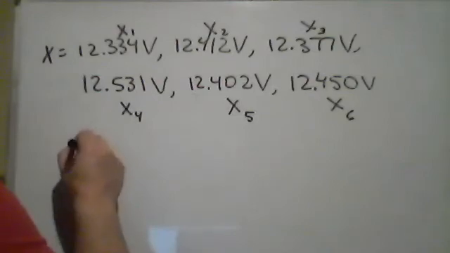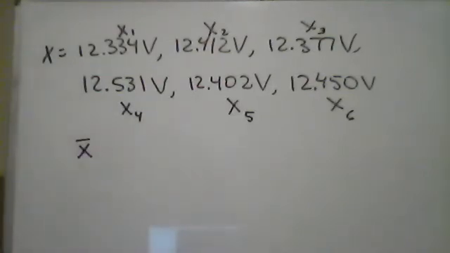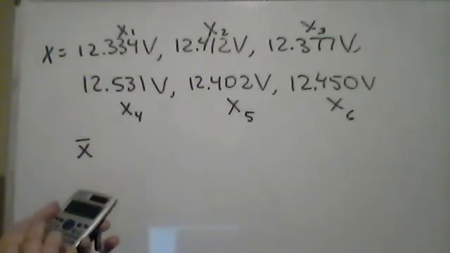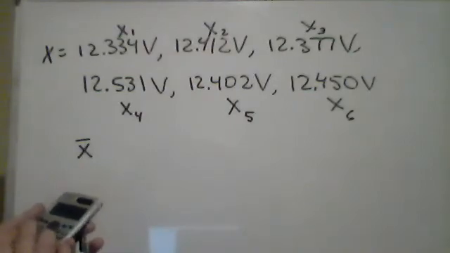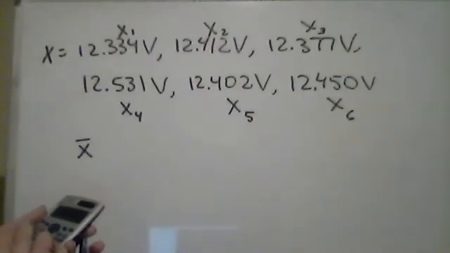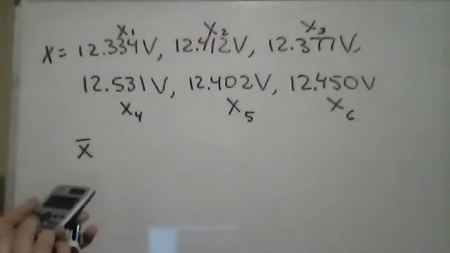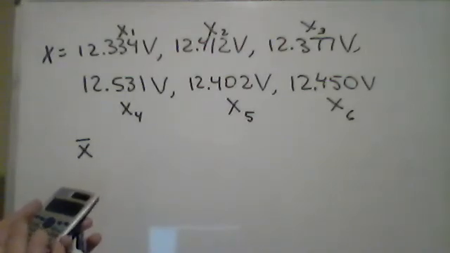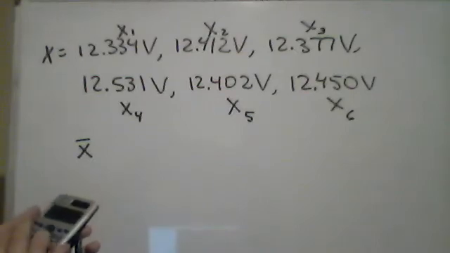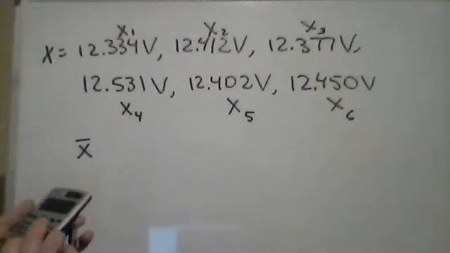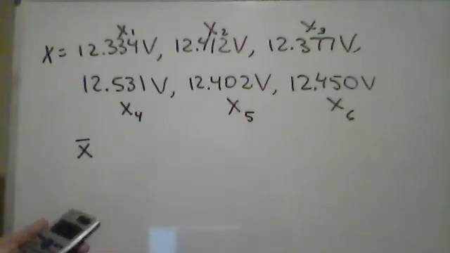So what's your calculator going to tell you? Well, if I add up all of these values, and I haven't done this yet, 12.334 plus 12.412 plus 12.377 plus 12.531 plus 12.402 plus 12.450, divide by 6, I get something like 12.4.